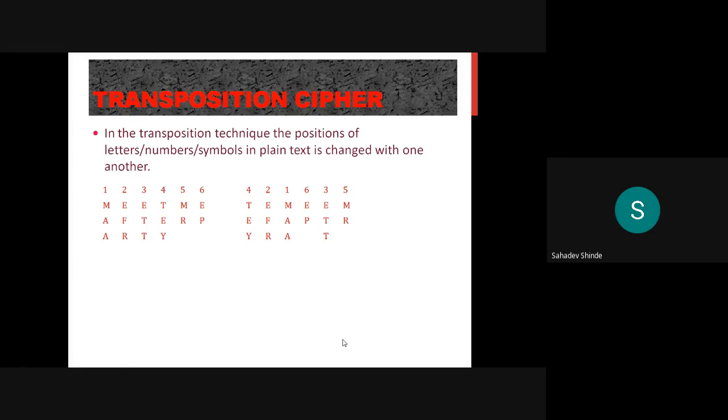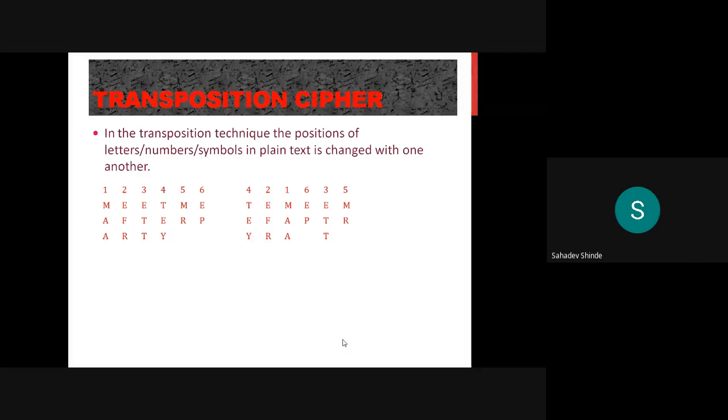All these techniques come under the substitution techniques. After that, we studied one more type, called the transposition cipher. I have given a clear difference between the substitution technique and the transposition technique.